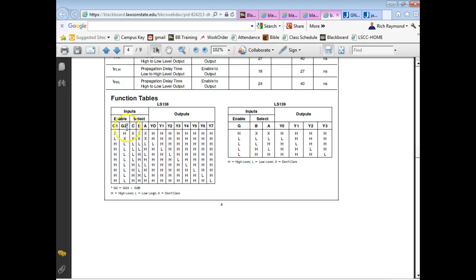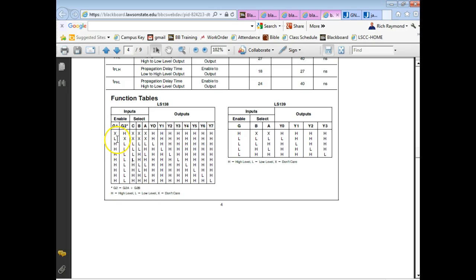Down here they only show us 2, G2A and G2B. G2 is equal to G2A plus G2B. So it says right here, if either one of them is high, if either G2A or G2B is high, then G1 doesn't make any difference, right? Your ABC inputs don't care, and all your outputs go high.